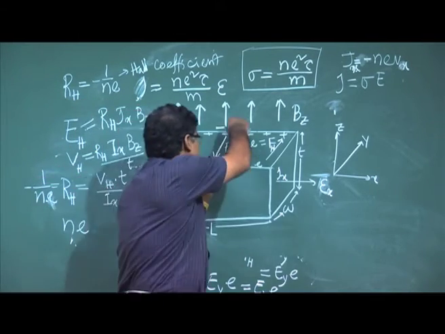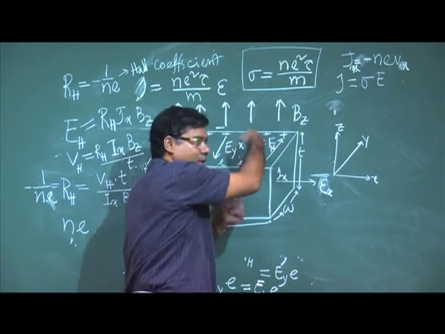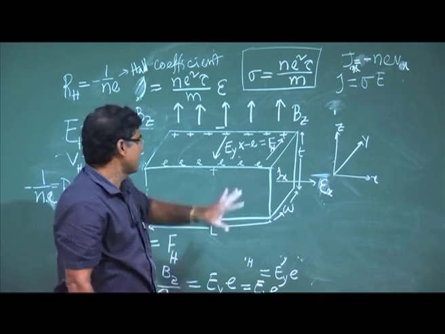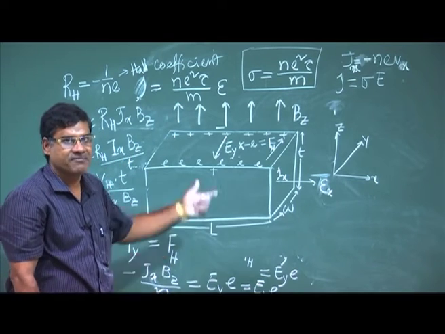So, when I set this reference, whatever voltage I get I will take as negative, because I know this is for electrons, negative charge.